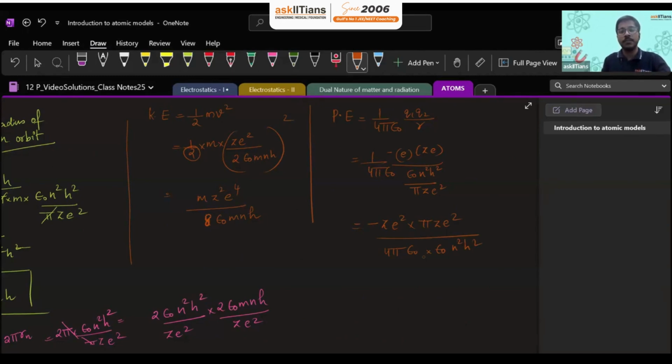So again you can see over here, in this case, the pi is cancelled out. Then we have z square e raised to 4.